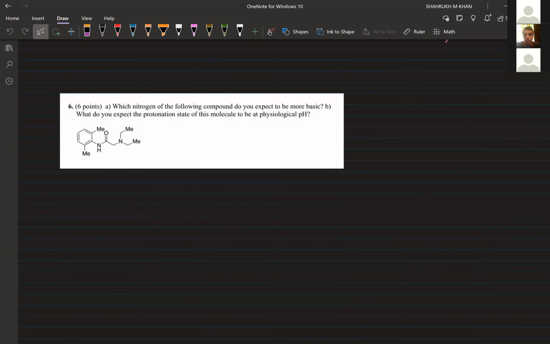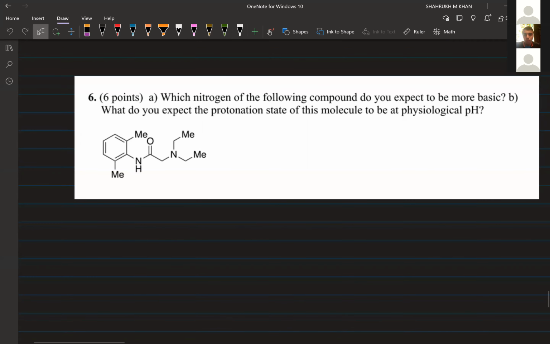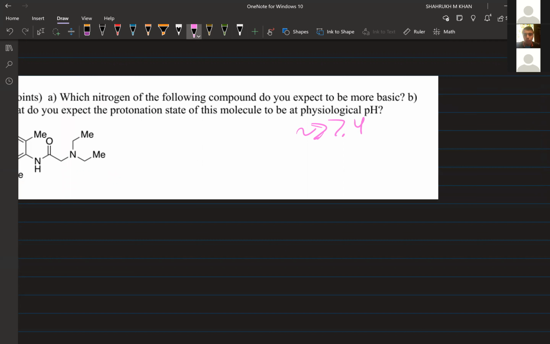Which nitrogen of the following compound do you expect to be more basic? We did this, right? That's why I did those exercises on Saturday. What do you expect the protonation state of this molecule to be at physiological pH? So physiological pH is approximately 7.4, right? It's basically 7.35 to 7.45, around 7.4.